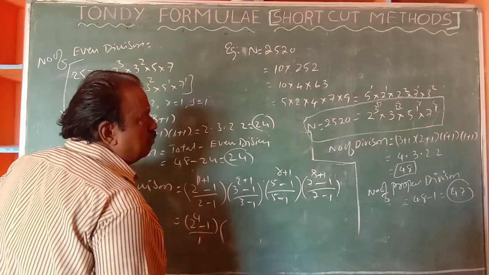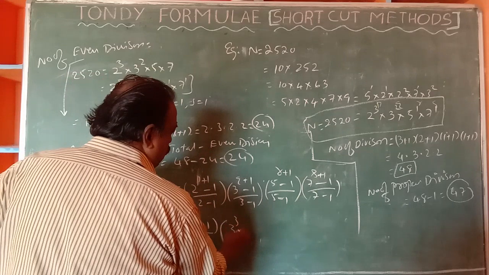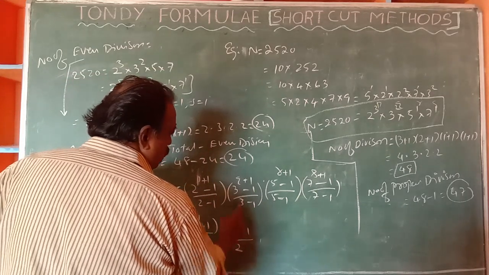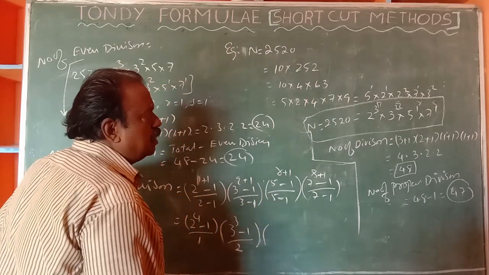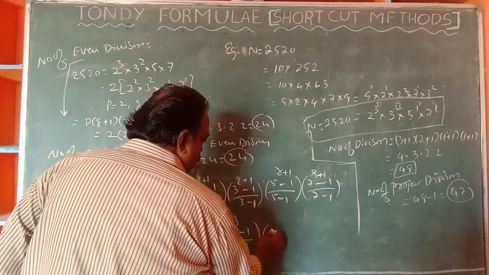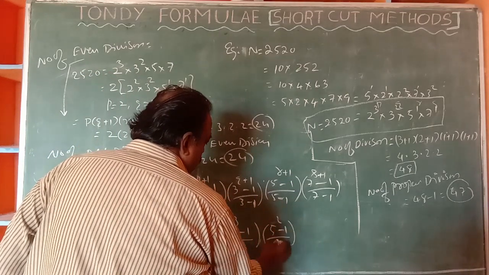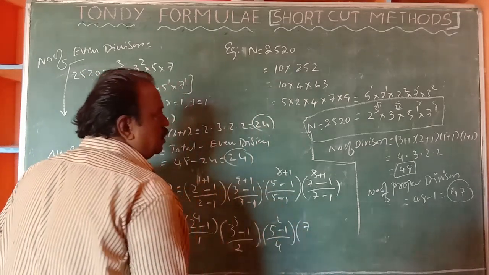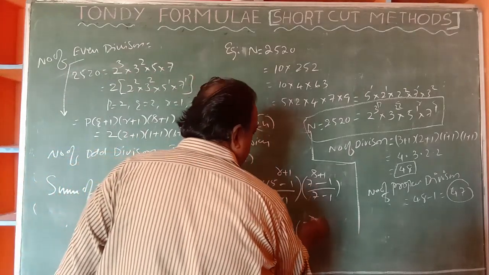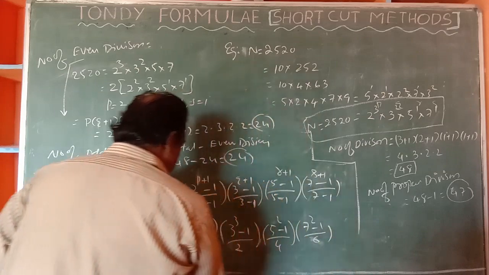3 power, what is q? 2 plus 1, 3. 3 cube minus 1 by 3 minus 1 is 2. And 5 power 1 plus 1, 5 square minus 1 by 5 minus 1 is 4. 7 power same, 1, 1 plus 1 is 7 square minus 1 by 7 minus 1 is 6.